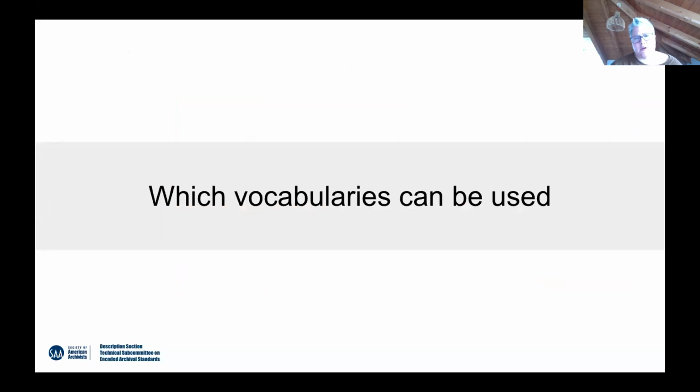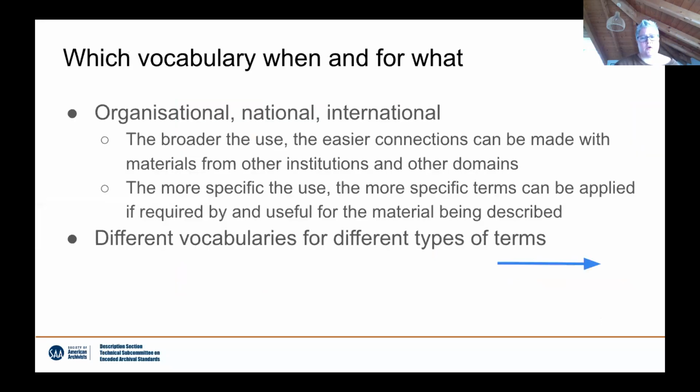And as a last point, I just wanted to give some examples of vocabularies that can be used. And this will also lead us to the next two presentations. So you can have organizational vocabularies or national vocabularies or international ones. Essentially, the broader the use of the vocabulary that you implement, the easier connections can be made with materials from other institutions and other domains.